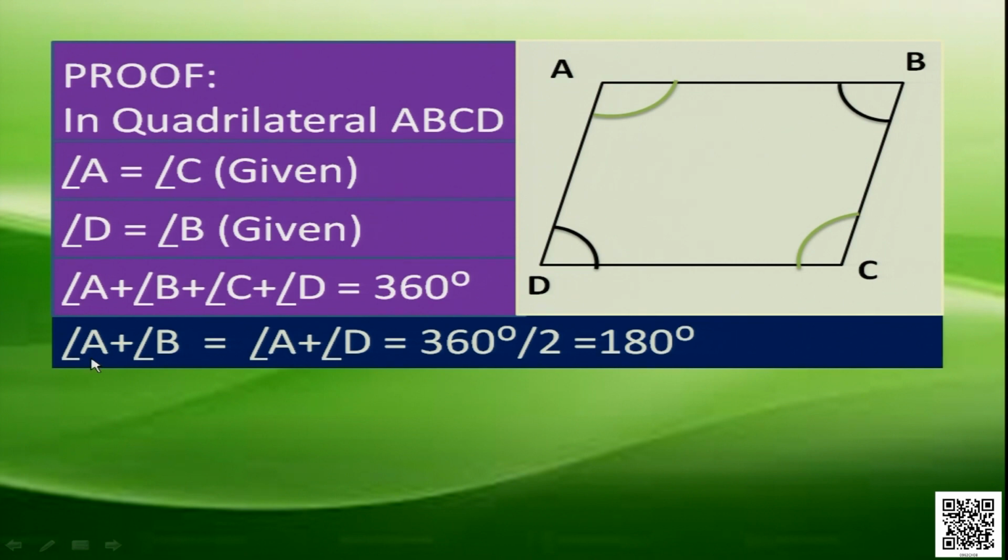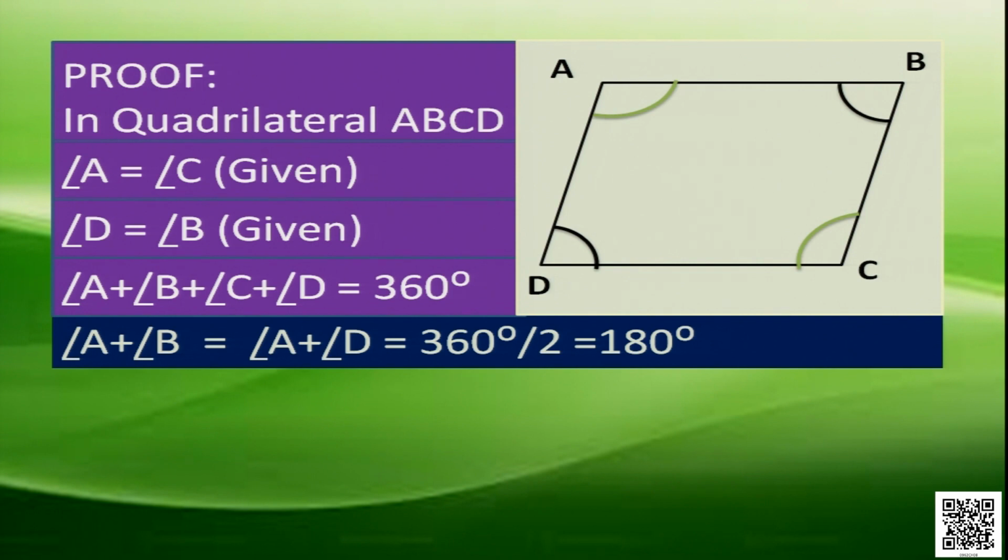So we have angle A plus B is equal to angle A plus D, and the sum of this will be half of 360 degrees as we have equal parts. So 360 degrees by 2 gives 180 degrees. So from this we conclude that the sum of angle A and angle B is 180 degrees, and the sum of angle A and D is also 180 degrees.